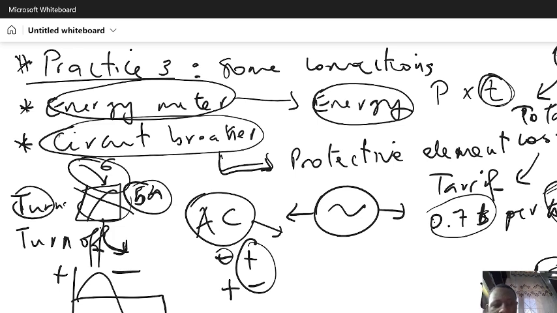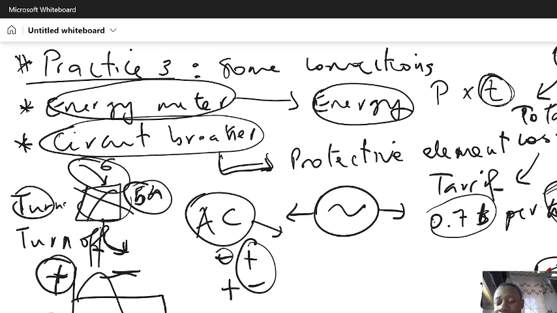Because it is AC, the polarity used to change. So here can be the positive, and here can be the negative. It does not matter where I put the red, but it has to come from the supply. Same here, here can be my live and here can be my neutral.